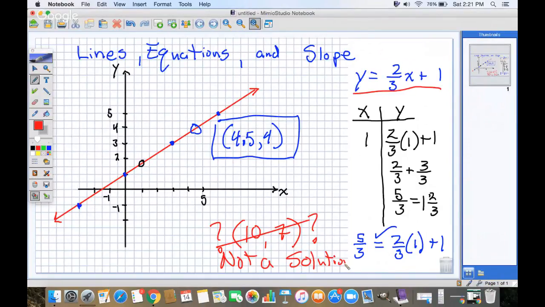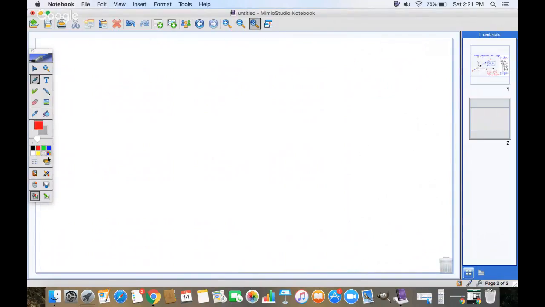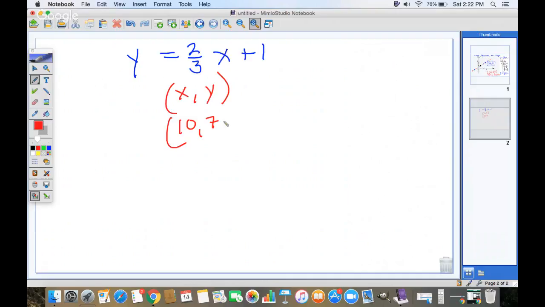And all you have to do is plug in x and y and see if it makes it true. So just to double check, my equation says y equals 2/3 x plus 1. I'm testing to see if the point x, y, which was 10, 7, is a solution. So I plug in 7 for y. I'm hoping it's equal to whatever 2/3 times 10 plus 1 is.